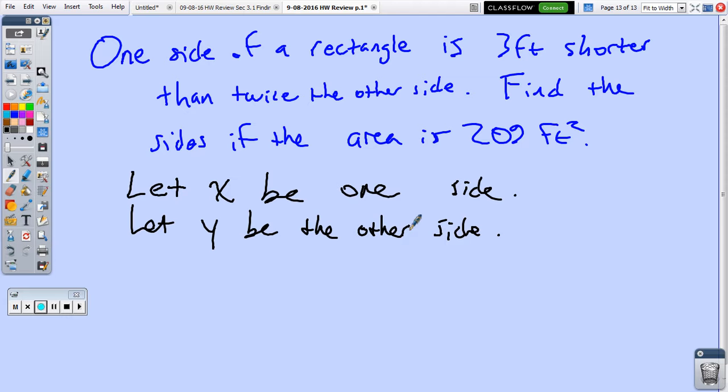One side of a rectangle is 3 feet shorter than twice the other side.